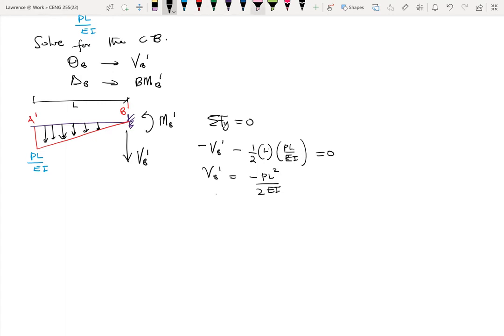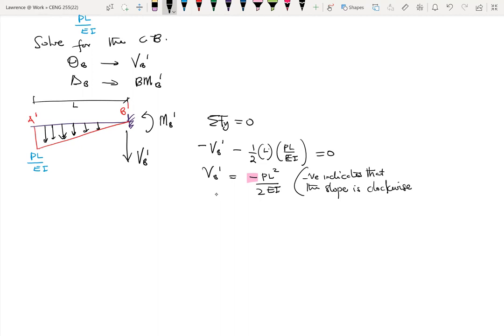Okay, so you can see that there's a negative in front. This negative indicates that the slope is clockwise. Okay.